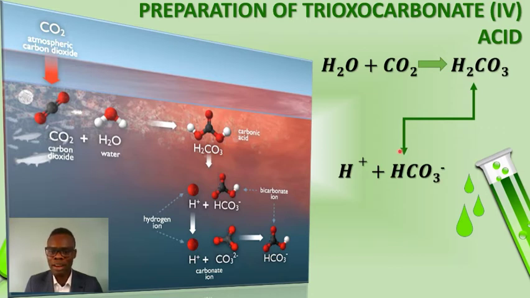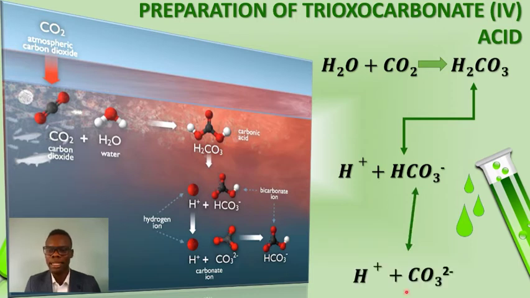So this particular radical you are seeing here, hydrogen trioxocarbonate 4, can further undergo dissociation to produce another hydrogen ion and a trioxocarbonate 4 ion. At this point, we can say the dissociation of this acid is complete.